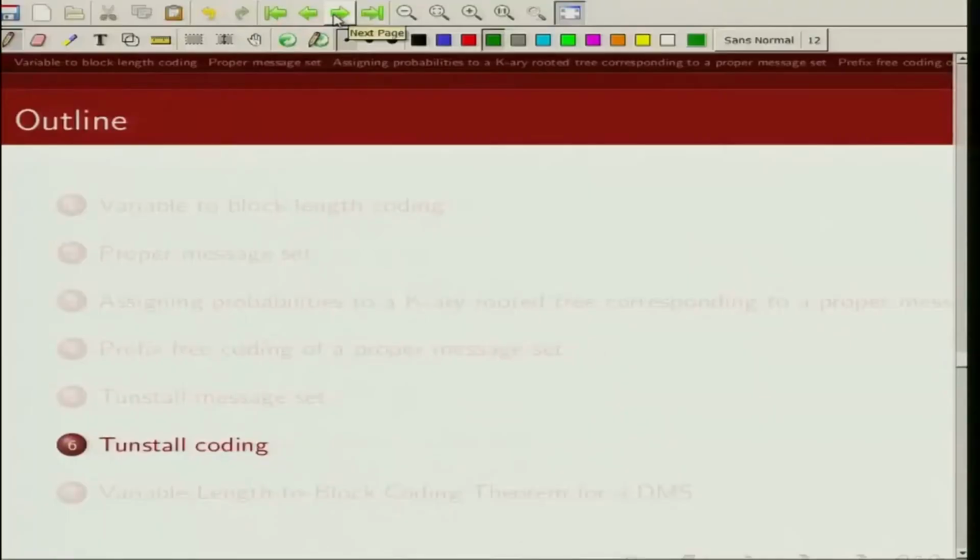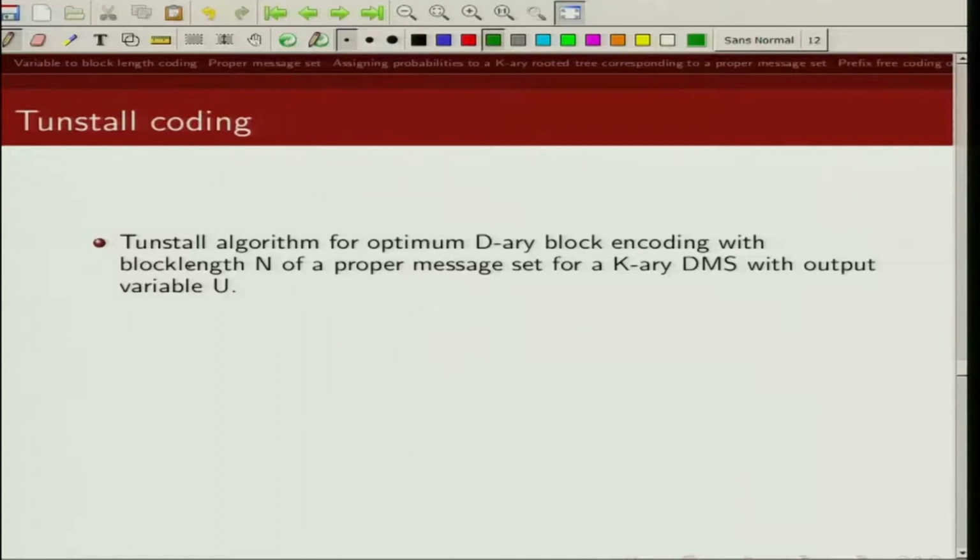So now that we have described how to parse our source into a proper message set, let us explain how we can use this Tunstall message set to do our variable to block length coding. So we are interested in optimal variable to block length coding.